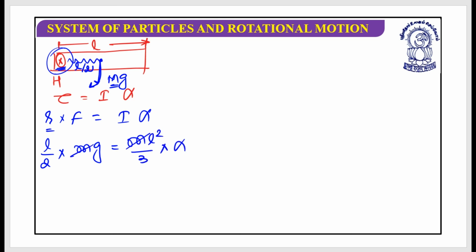Just solve this and your task will be done. The l cancels, so alpha is 3g divided by 2l. This is alpha, in radians per second squared.